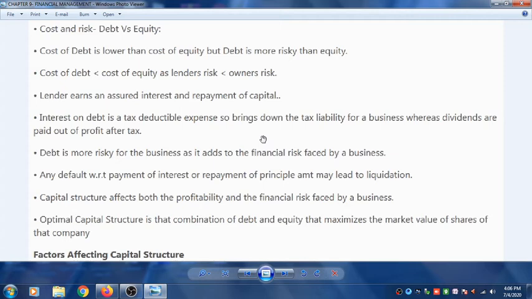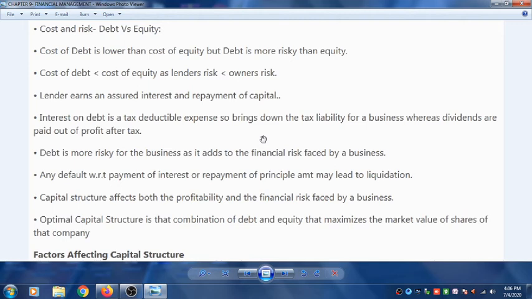Debt is more risky for the business as it adds to the financial risk faced by the company. So debt means loan is always risky for the business, and if the company will not pay the interest, the bank will close the business. Thus, a financial risk is always associated with the debt financing. Any default in the payment of the interest or repayment of the principal amount may lead to the liquidation.